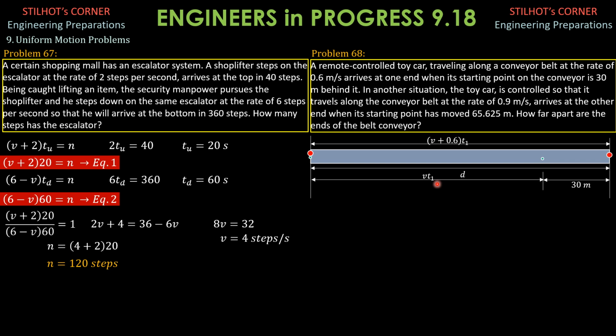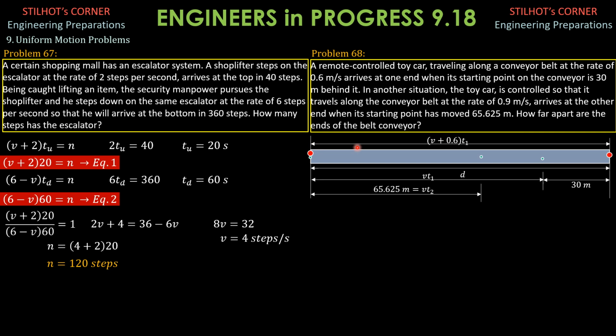So from the figure, V times T1 plus 30 equals D. And in the second situation, when the toy car has a speed of 0.9 meters per second, the starting point has moved a distance of 65.625 meters, and that is the speed of the conveyor belt times time T2.